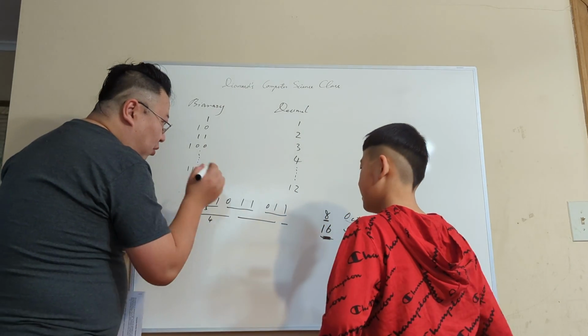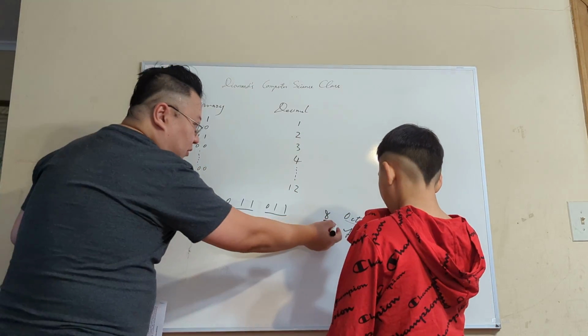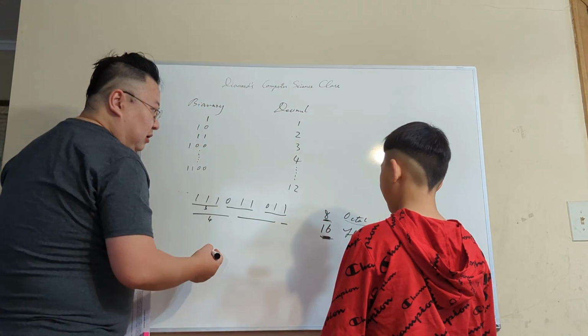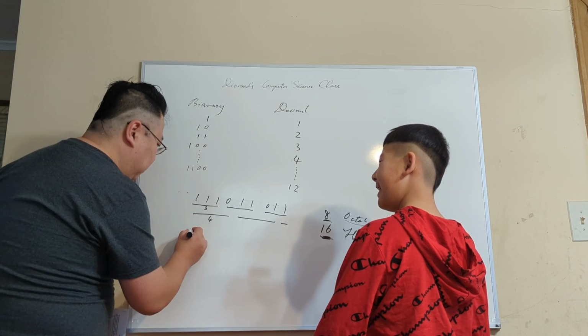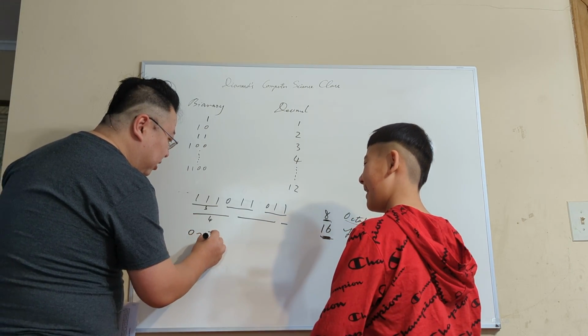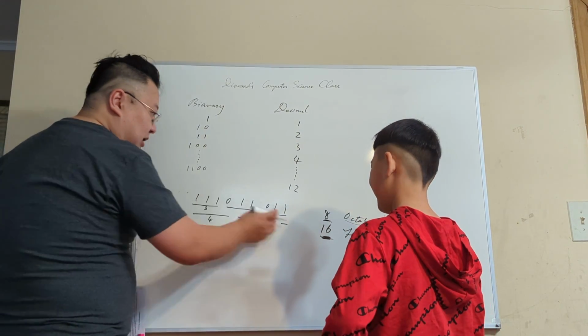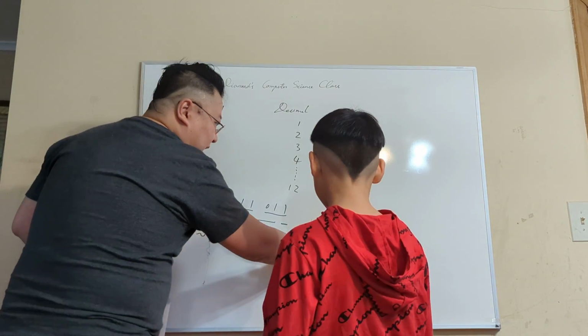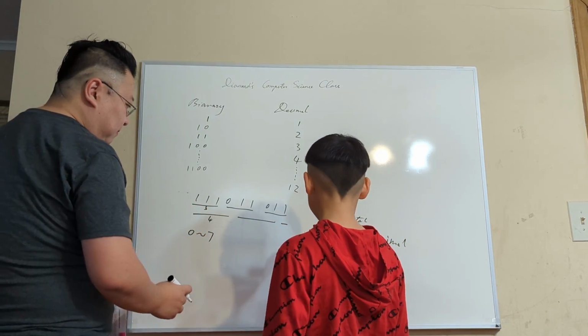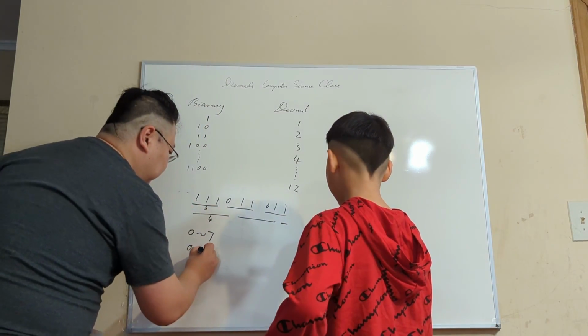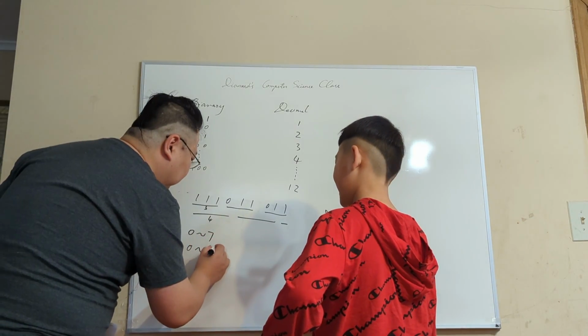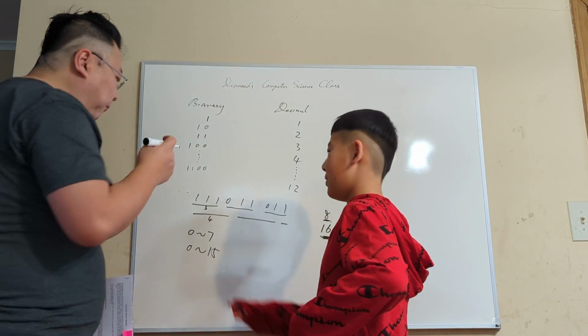So what are the base numbers for this octal? 0 to 8. No, 0 to 7. Yes. Okay. So what's the base for the hexadecimal? 0 to 15. Yeah, 15. Good. But 15 is 2 digits.